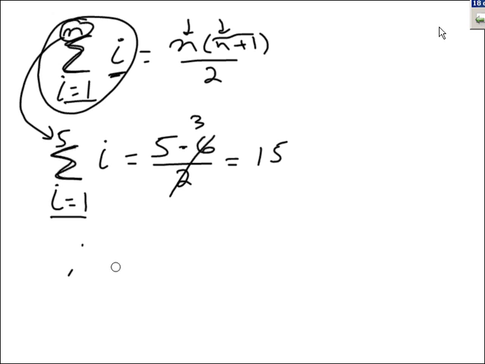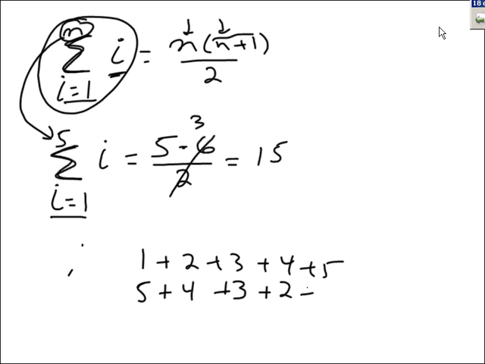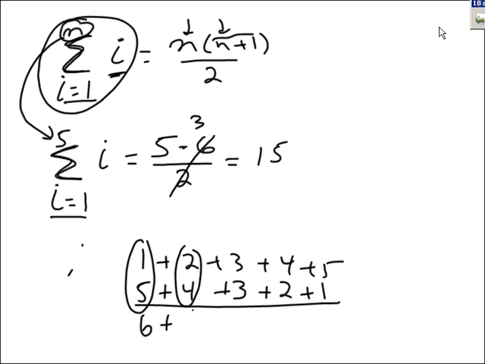Another way of figuring out what 1 plus 2 plus 3 plus 4 plus 5 is, is to add it together 2 times. So whatever answer we get here, it'll be 2 times what we want. You have 6 plus 6 plus 6 plus 6 plus 6.